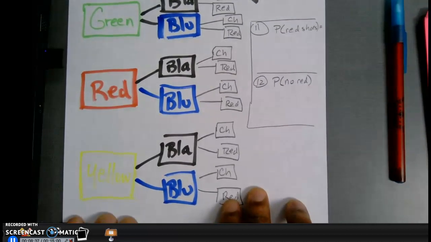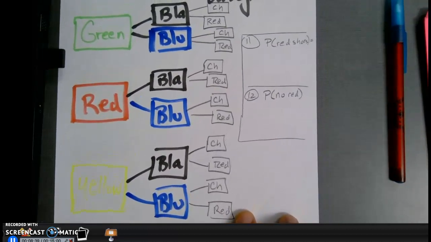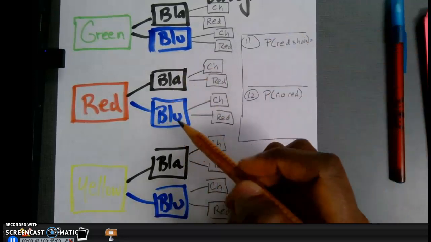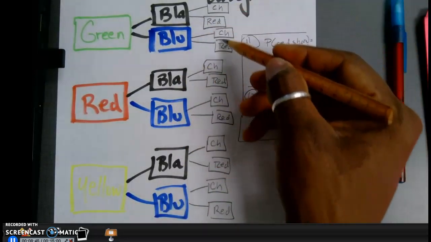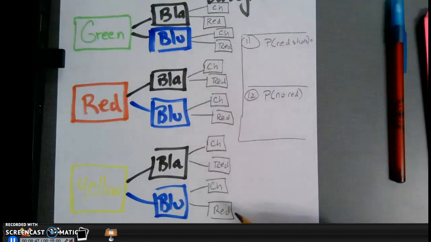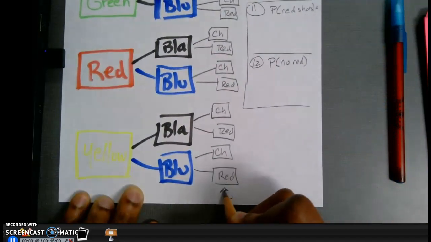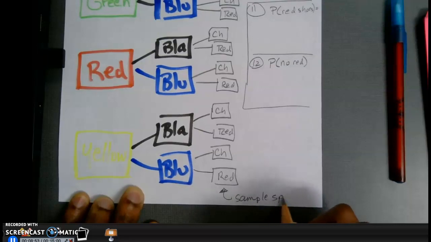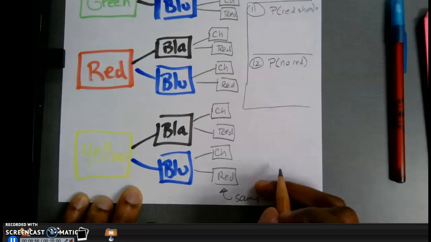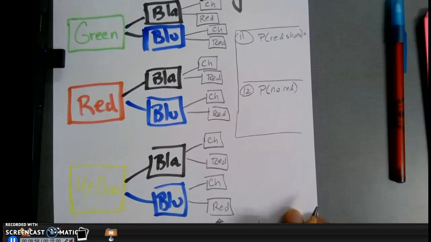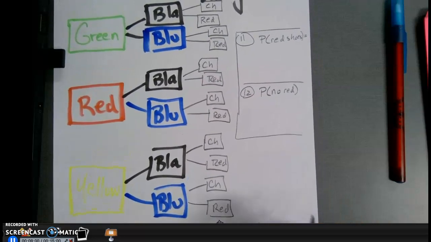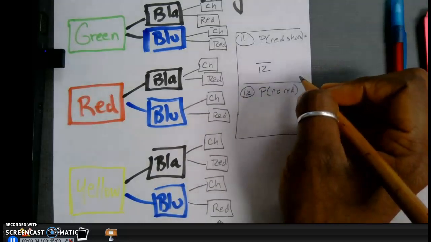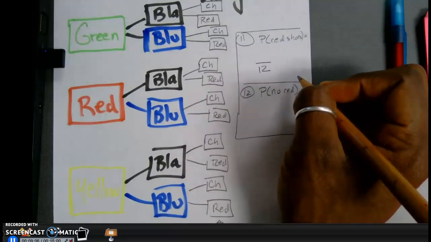So number 11 said the probability of red shoes. In this particular case, I am going to look at this last column. That's going to be my sample space. I'm going to go ahead and identify this as my sample space. Okay, 12 possibilities in my sample space. Everything is going to be out of 12 because, again, look at my initial probability video for a little bit of intro into sample space.